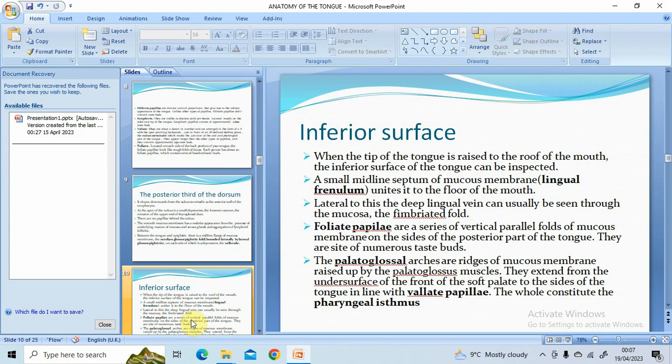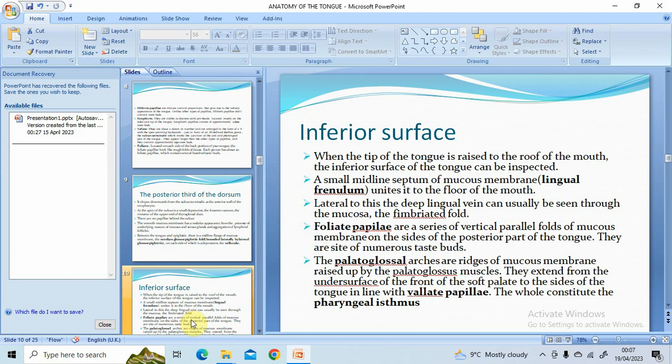Lateral to this small midline septum of mucous membrane, which is called the lingual frenulum, at the inferior surface of the tongue. Remember, I said it unites the floor of the mouth to the inferior surface of the tongue.